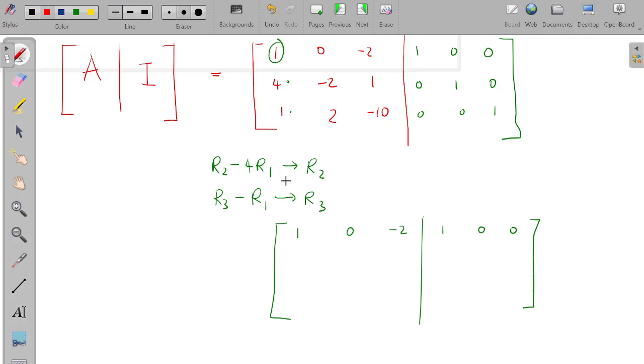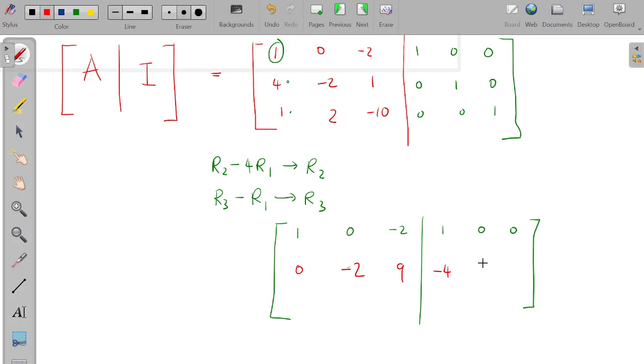If you perform this operation, of course, this will be 0. Now if you perform that operation on R2, R2 minus 4R1, we're going to be getting minus 2, then 9, then negative 4.